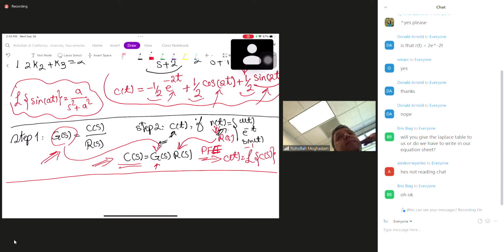So it doesn't matter what the order of the differential equation is. You will come up with some functions, and once you do the partial fraction expansion, you will come up with simple fractions, right? And for those simple fractions, you can go back to the Laplace table and find the corresponding function in the time domain.